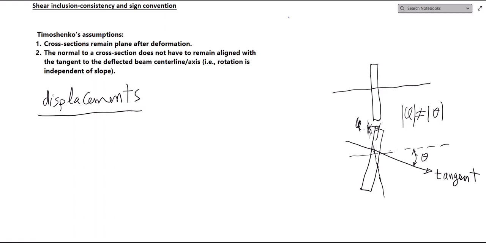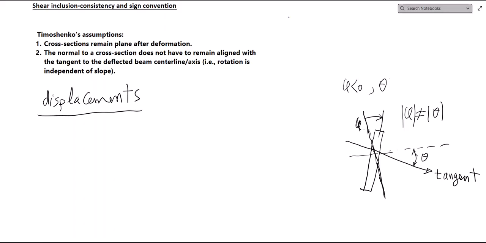Okay, so what is happening here? Let me make this a bit more clear. This is my original, this is my rotated phi, and because it is rotated this way, phi is negative and theta is positive.